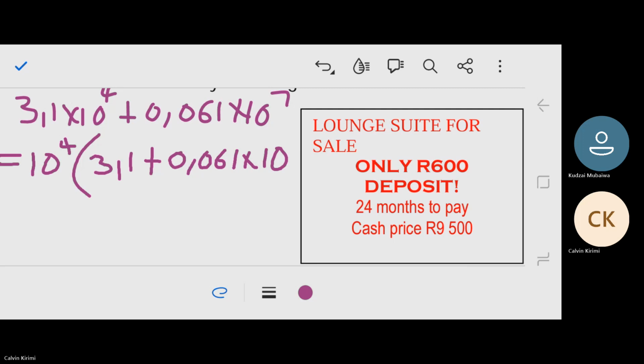No, we are factoring out. We are factorizing. So times 10 to the power 3. How many times does 10 to the power 4 get into 10 to the power 7? It's 10 to the power 3 times.